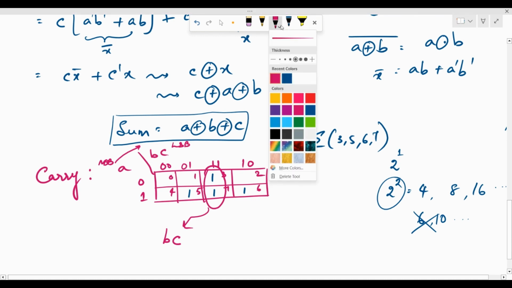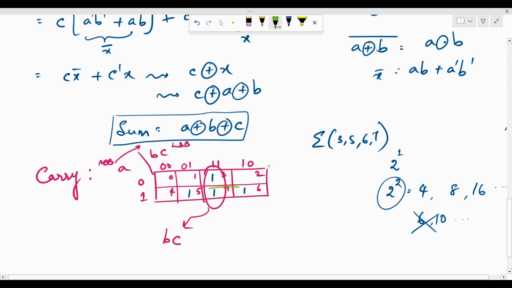Let's try another group. So here I'm going to group these two ones. This is my second group. So let's analyze the row. Both the ones are spread across a single row. For both these ones in the group, the value of A is 1. So this term is going to have A, and it is going to be ANDed with what is common along the columns.